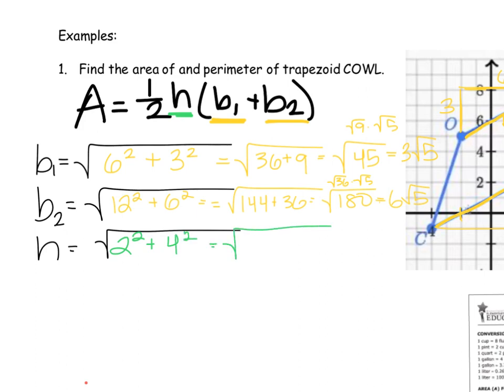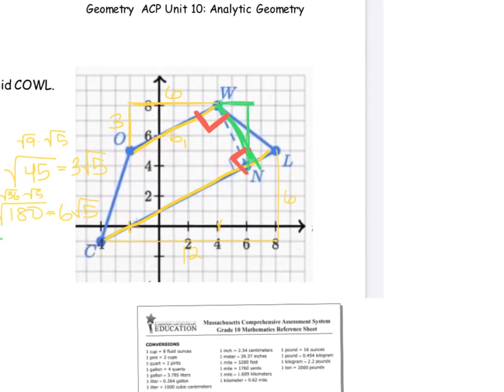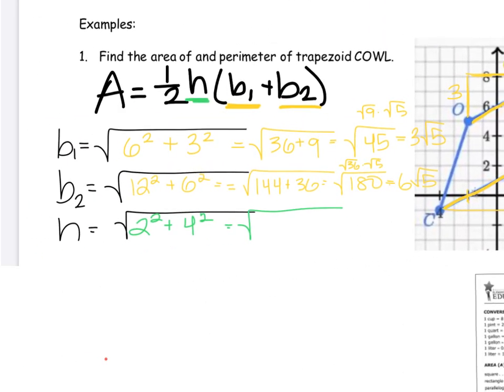So the distance between N and W, that's the length of my height, is the square root of 4 plus 16, which is the square root of 20. And to simplify that, I get the square root of 4 times the square root of 5, so that is 2 square root 5.